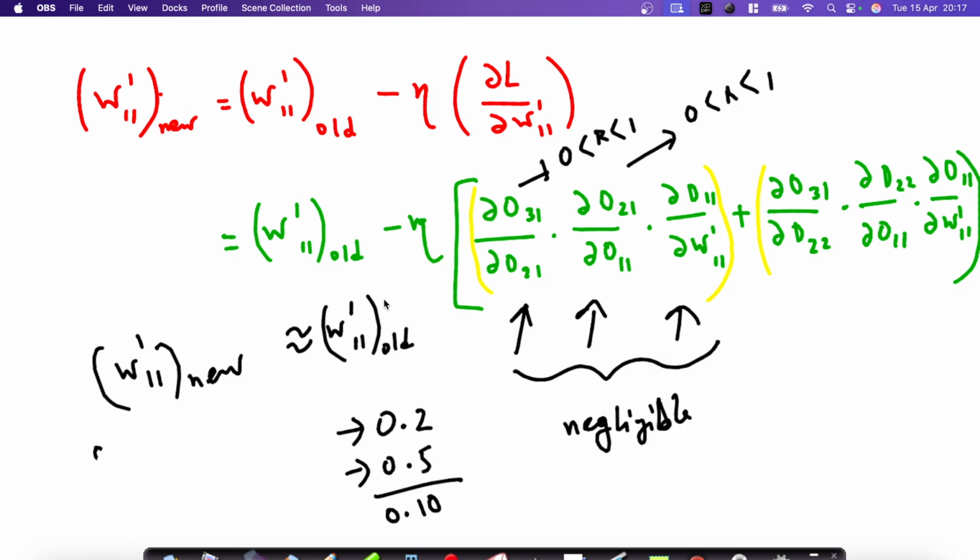As a result, convergence will be very slow. We'll have no convergence at all, right? So the more layers there are, the more time it will take to converge. The reason, you understand, is the inherent nature of the sigmoid function and the tanh function.